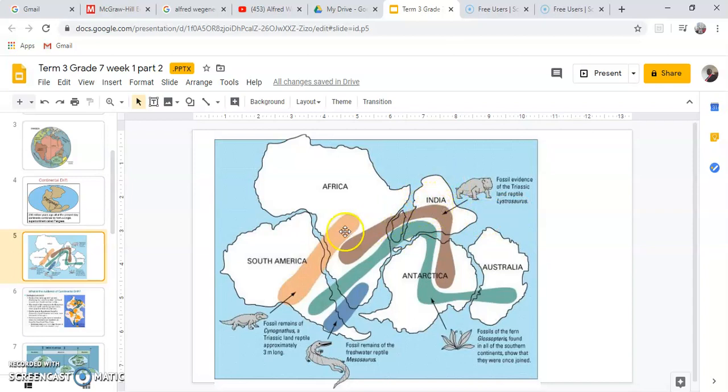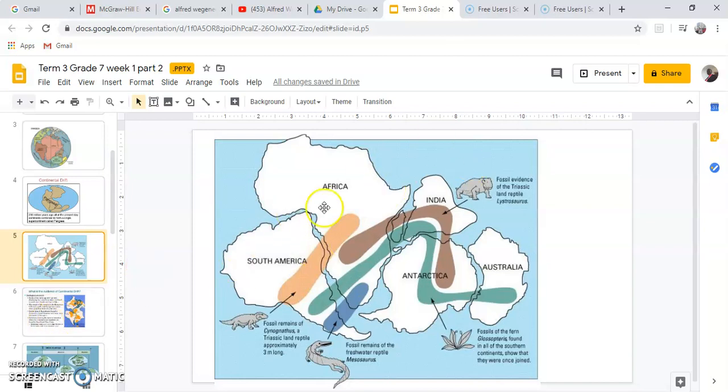You can see it cuts across Africa, India, Antarctica. So this is how it was when all the continents were combined together. We have many of them here. We have the Cynognathus. Don't bother about the names of the organisms. What we want to find out here is one of the evidences, the matching fossils. I will come back to explain that.